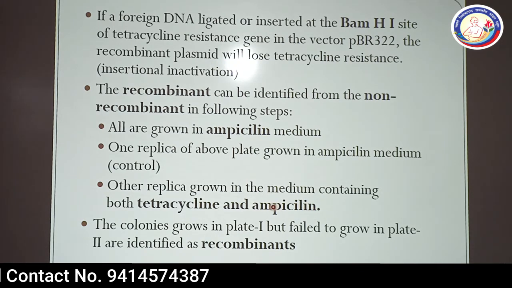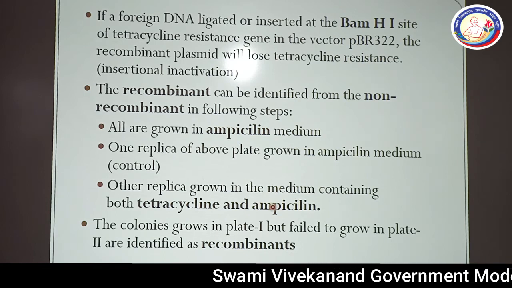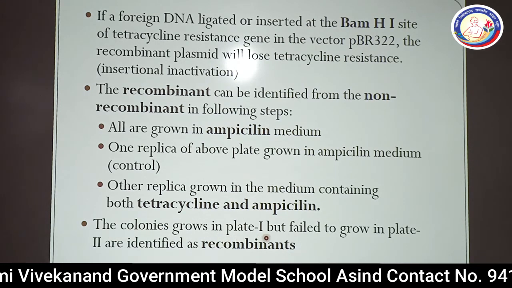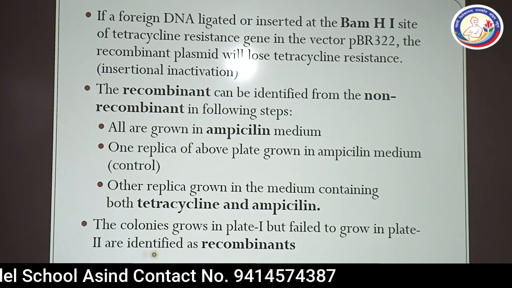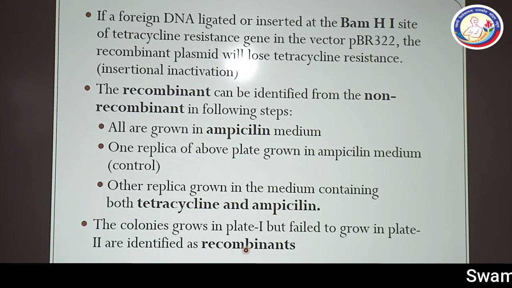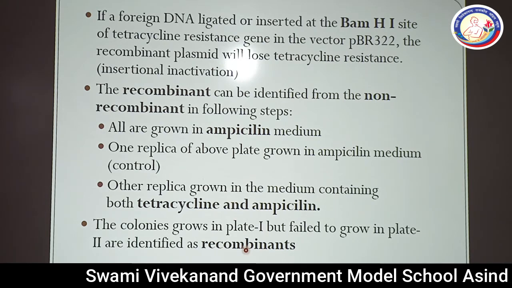As you grow in the ampicillin, it is resistant against ampicillin, so it will survive and the non-recombinant will die. The colonies that grow in the first plate but fail to grow in the second plate are identified as recombinants. It is clear that whichever selectable marker is still active will show resistance and survive.